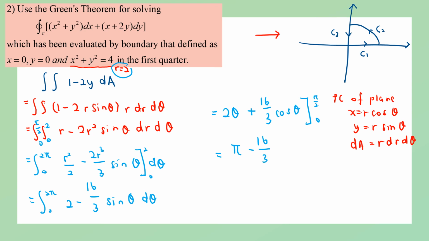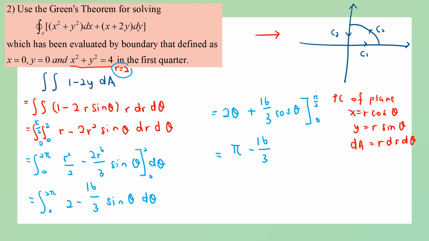You don't have to do the other side because the question says to use Green's theorem. So you can see Green's theorem is to simplify the solution. Otherwise, you would have to use line integrals to solve each curve. Here we have three curves, C1, C2, and C3.